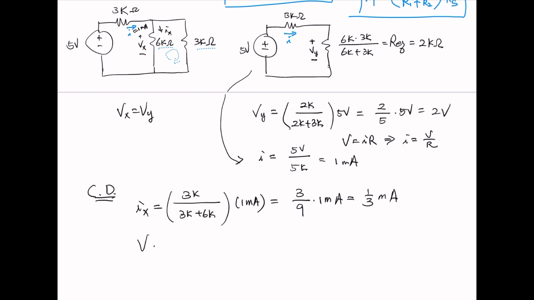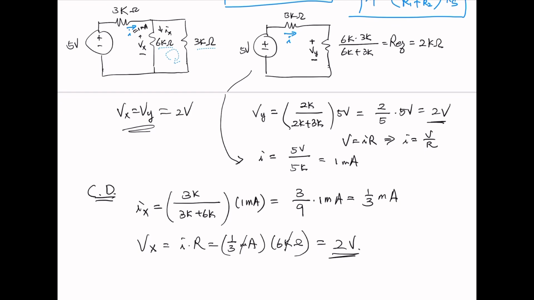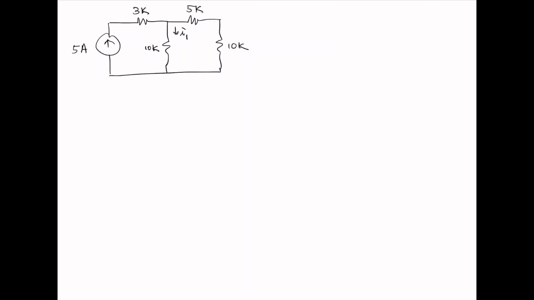If Ix is 1 over 3 milliamp, then Vx equals I times R. I is 1 over 3 milliamp, and R is 6 kilo ohm. Kilo and milli go away, and we have 2 volts, which is the same as what we have before. Let's find I1.